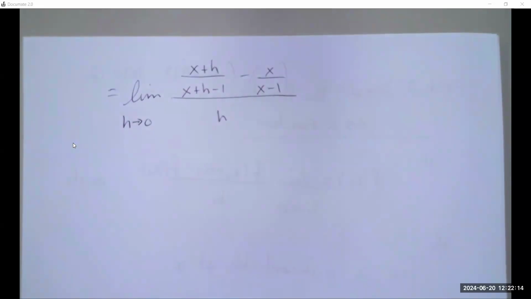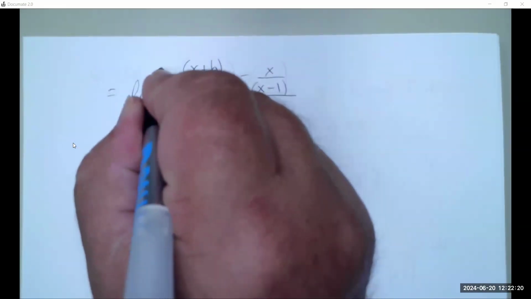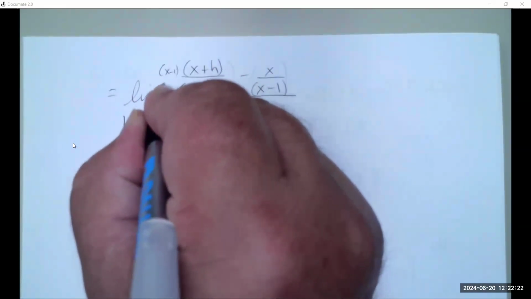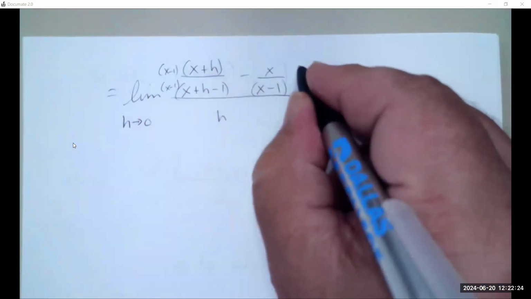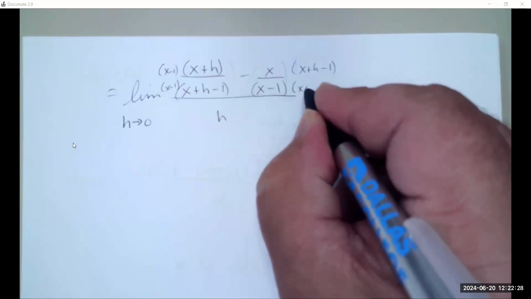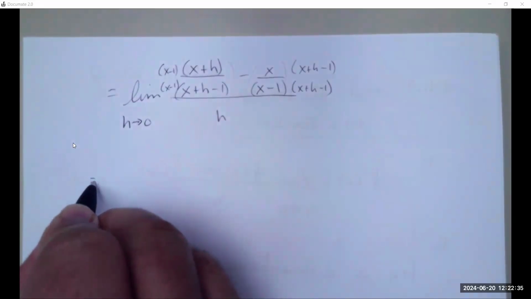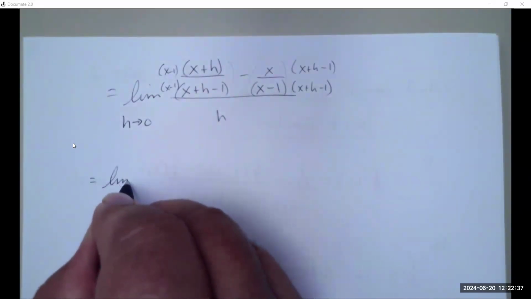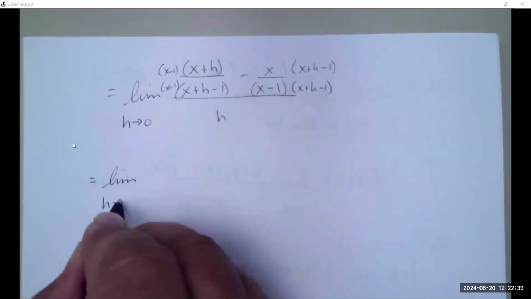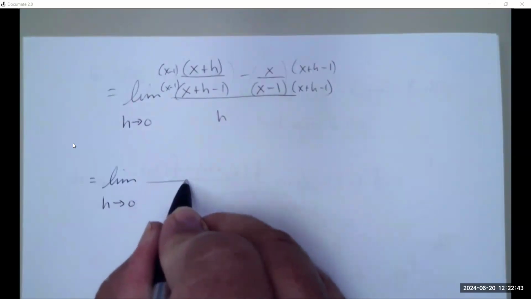So this one needs an x minus 1 over x minus 1, and this one needs an x plus h minus 1 over x plus h minus 1. So the limit as h approaches zero.